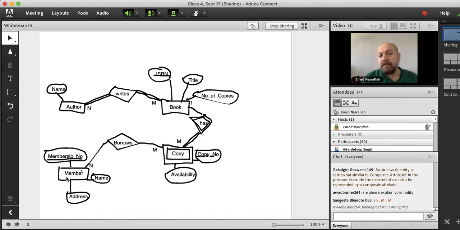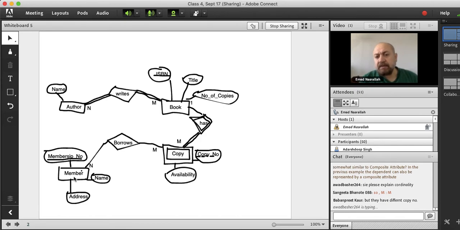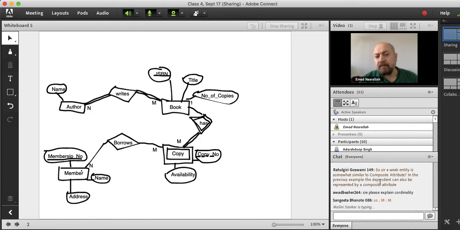Many to many, yes. Weak entity, let me see the question. A weak entity is somewhat similar to composite attributes in the previous example? No. The composite attribute is different. The attribute can never have a relationship.